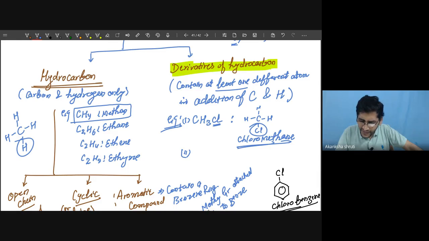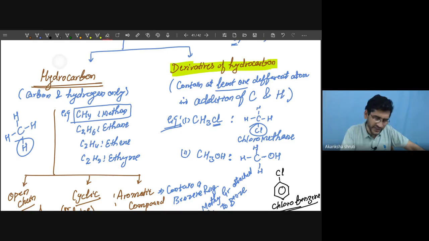So if I take CH3OH, their structure is like this: C, H, H, H, and at one of the locations, it is our OH. OH may be placed anywhere, so do not get confused. So this is called an alcohol group derived from methane.